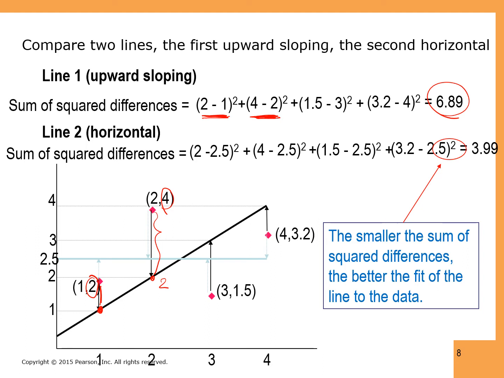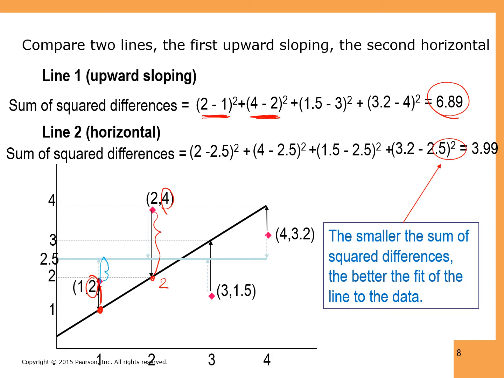We calculate the sum of square error terms for the horizontal line by following the same strategy. So here we're trying to measure the difference between the actual data point and this horizontal line here.